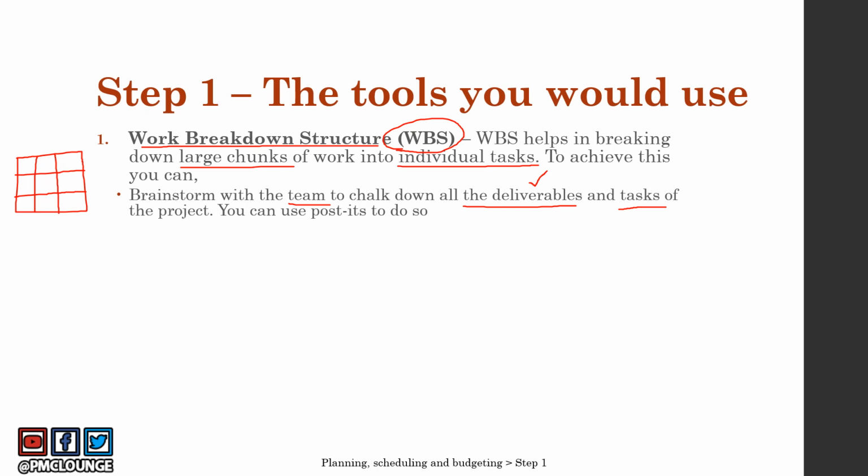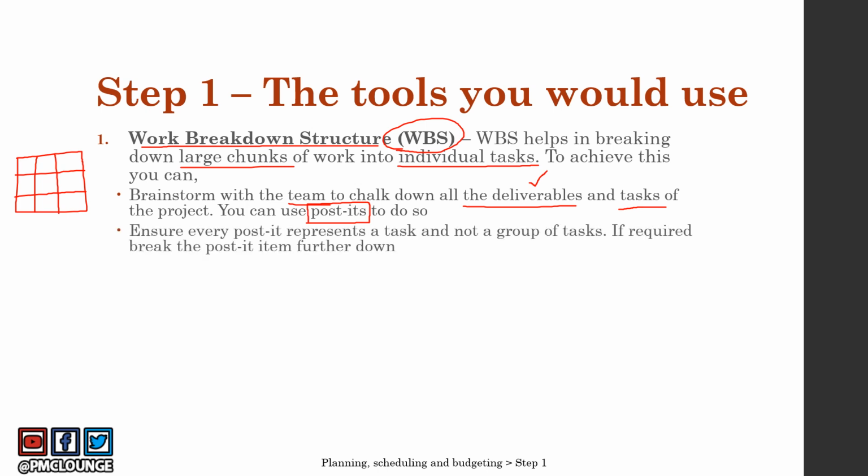So what you can do is use post-its to come up with the list of deliverables as well as the tasks. After this, you can again meet with your team, and you need to ensure that every post-it represents a task and not a group of tasks. Remember, what we are trying to do is divide this large chunk of work into smaller manageable pieces.